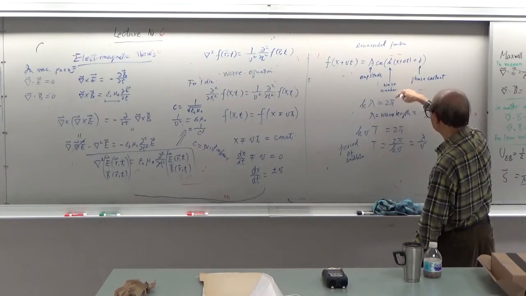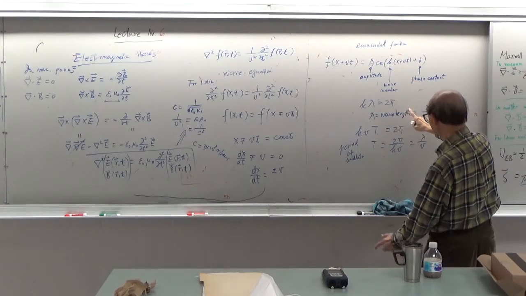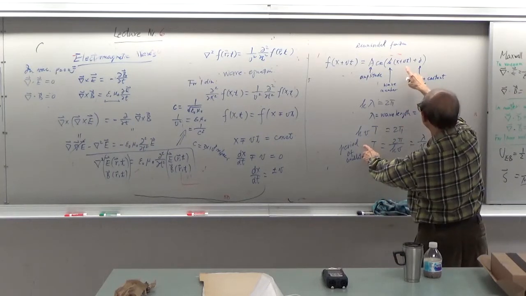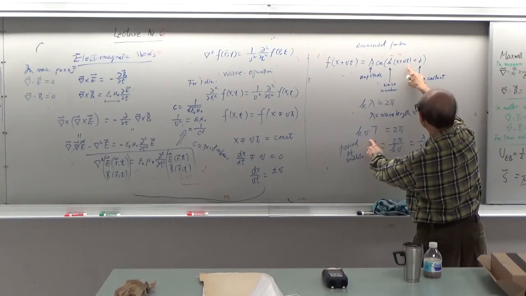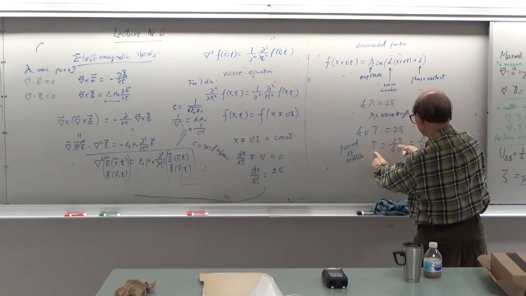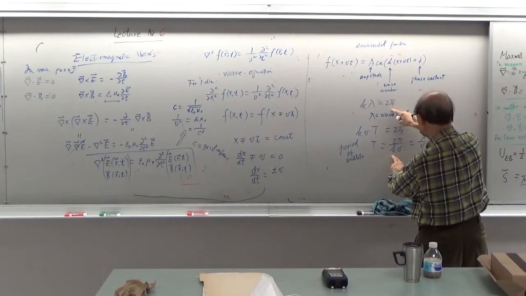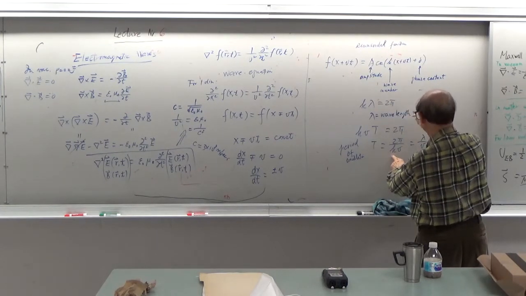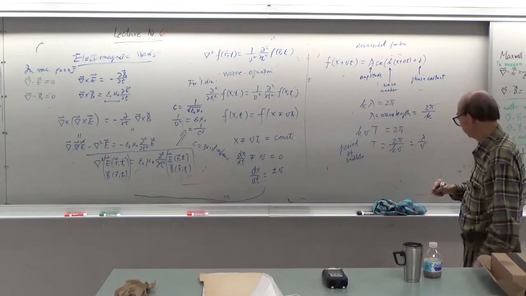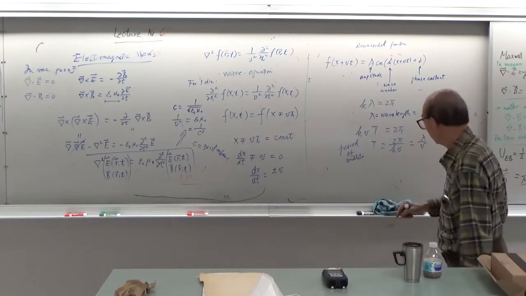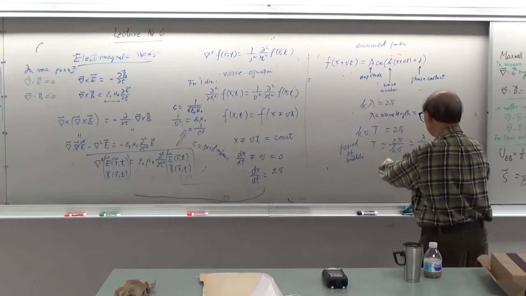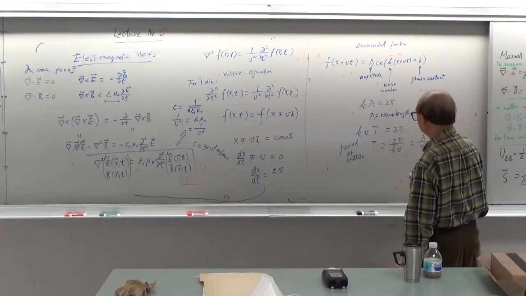Right: k v T is 2 pi, so T is 2 pi over k v, and 2 pi over k is lambda, so it's lambda over v. Correct. That T is known as the period of oscillation.